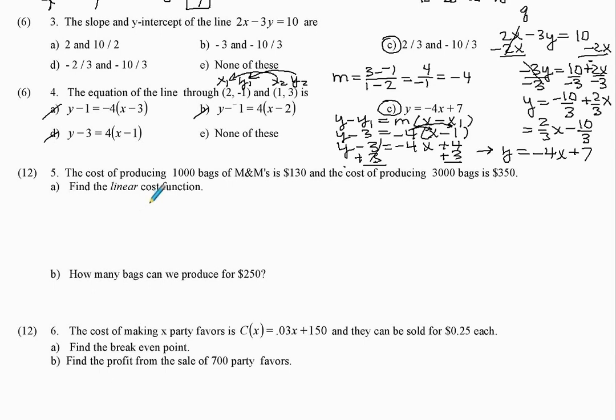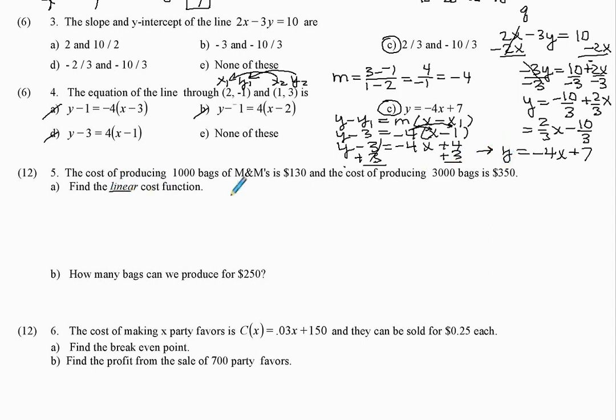Okay, next up we're making some M&Ms. Good healthy food. So 1,000 bags of M&Ms cost $130 to make, and the cost of 3,000 bags of M&Ms, you could put those down on a weekend, right? Late night movie, is $350. Find a linear cost function.